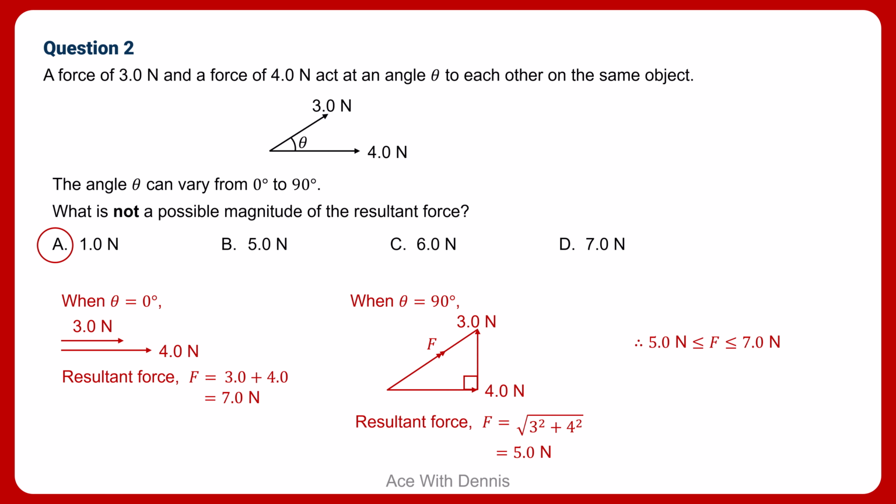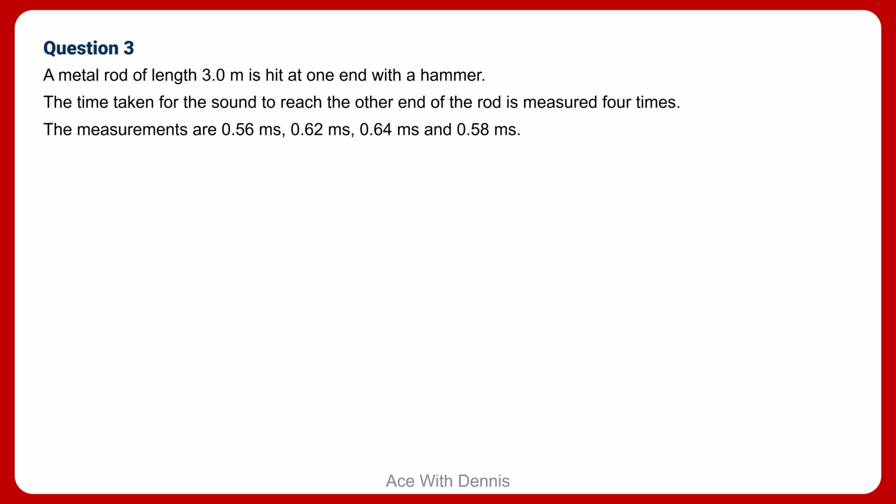Question 3. A metal rod of length 3 meters is hit at one end with a hammer. The time taken for the sound to reach the other end of the rod is measured 4 times. The measurements are 0.56 milliseconds, 0.62 milliseconds, 0.64 milliseconds, and 0.58 milliseconds. What is the average speed of the sound in the rod?